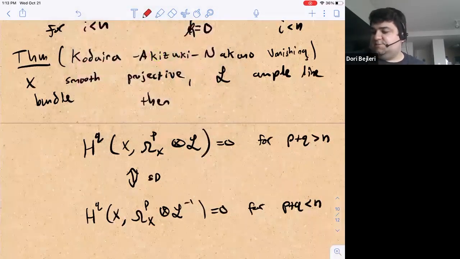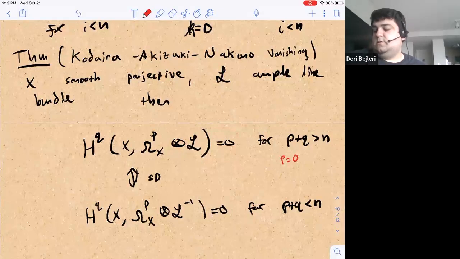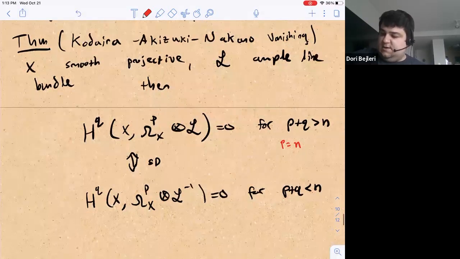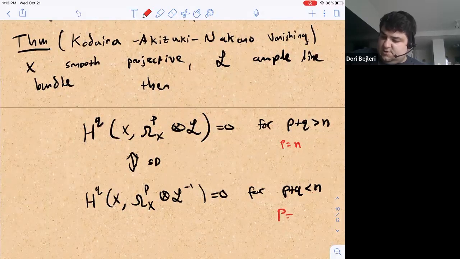And this is a generalization because if p equals n here, then p plus q greater than n is just saying that q is greater than 0. So then we get Kodaira vanishing in its first form. And similarly on the Serre dual side, this is when p equals 0. That's the same as Kodaira vanishing in its Serre dual form.